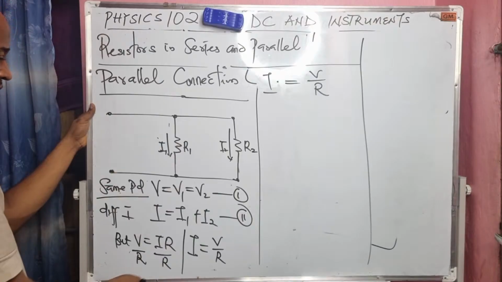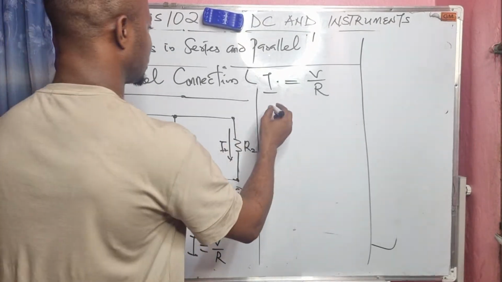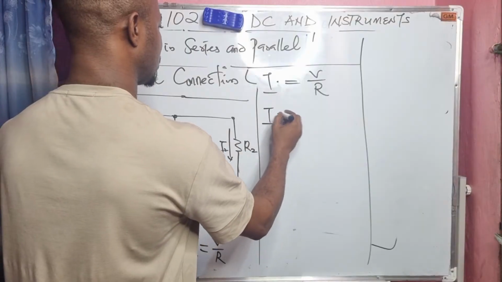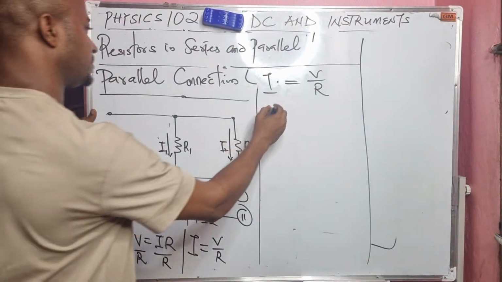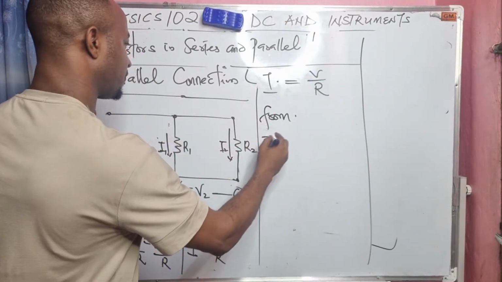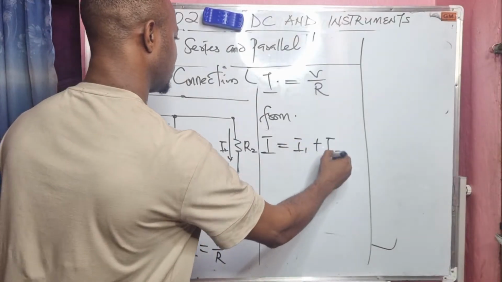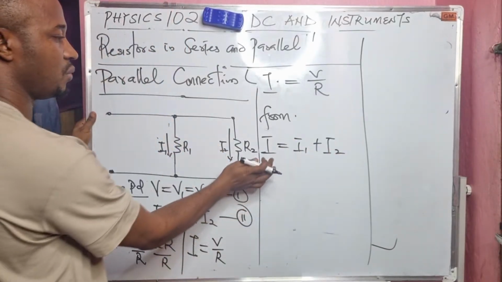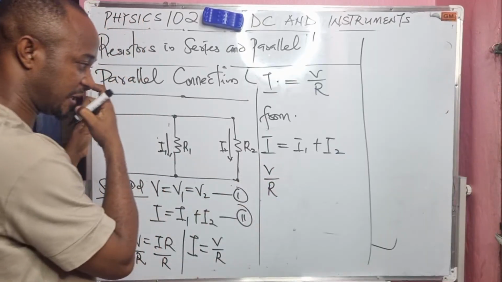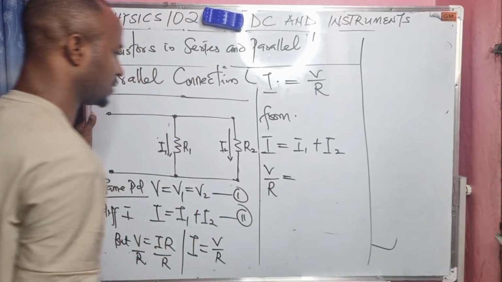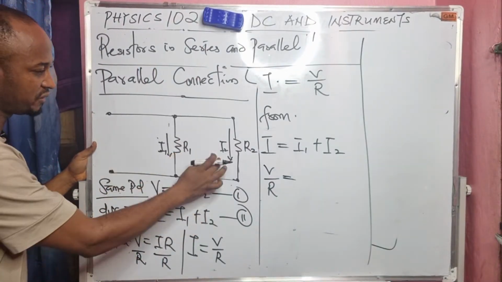What would that be? From I equals V over R, right? Let me repeat this. From I equals I1 plus I2, what do we say is our I? Is V over R. We are saying that the same voltage is across each of the resistors.